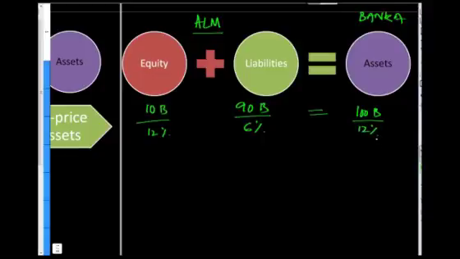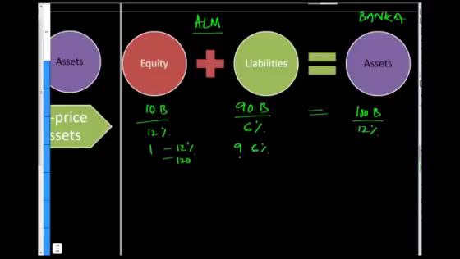12%. So if Bank A takes a slice of $1 billion from shareholders' equity, remember this billion costs them 12%, so for a year this usage is worth about 120 million. And then it combines this with another slice of 9 billion from liabilities, and this 9 billion costs it 6%.